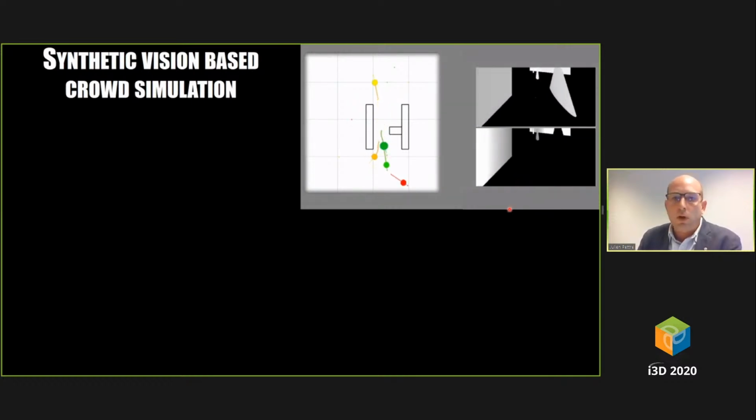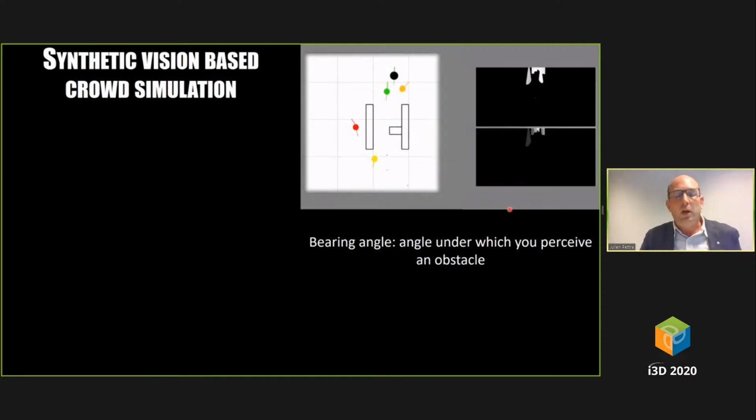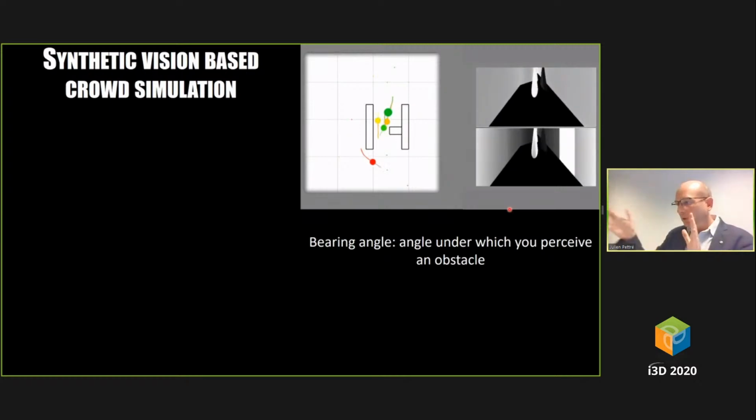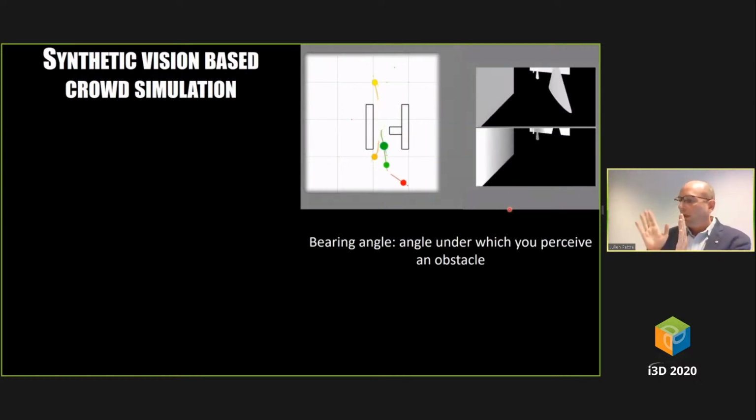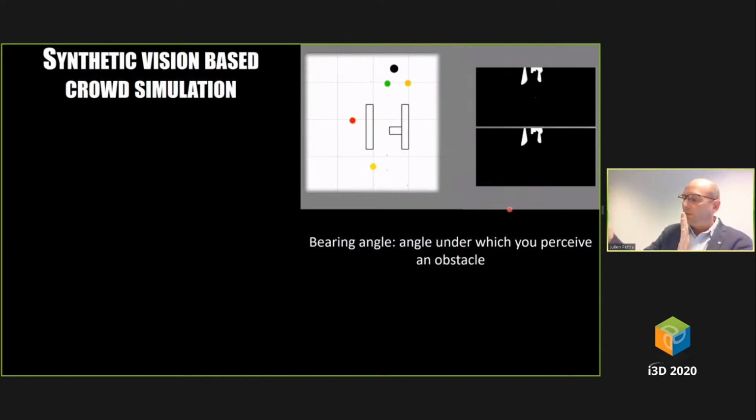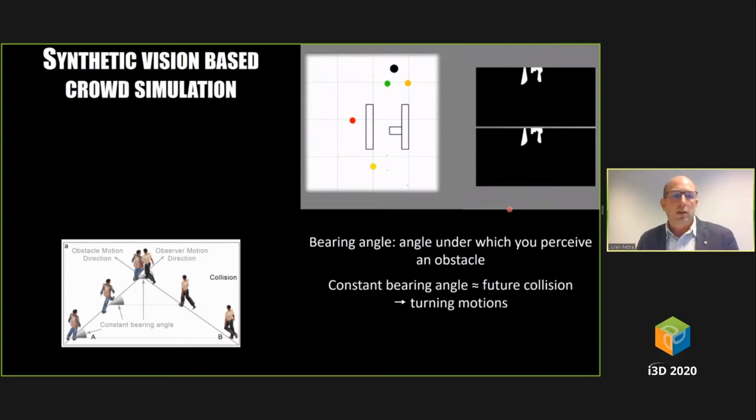The first one is dealing with the bearing angle. The bearing angle is the angle under which you perceive an obstacle when you move. So this is the angle formed by your self-motion and the angle of perception of one given object. And if this bearing angle is constant, you actually have a clue that you are on a collision course with this obstacle.